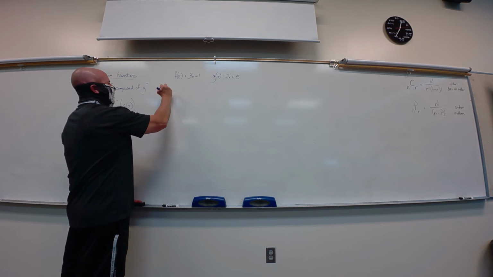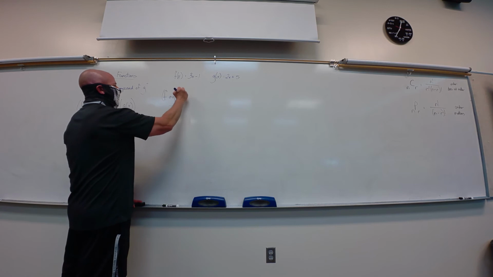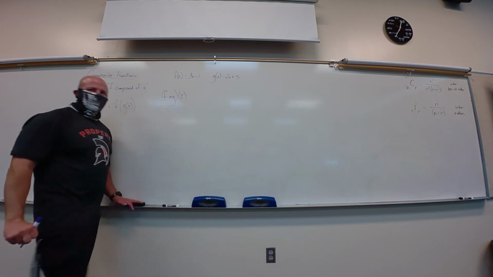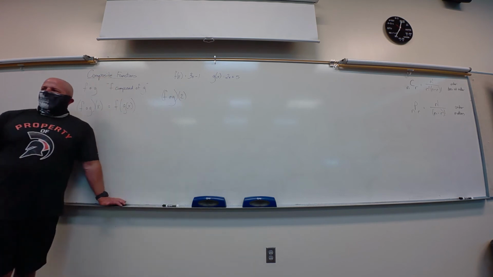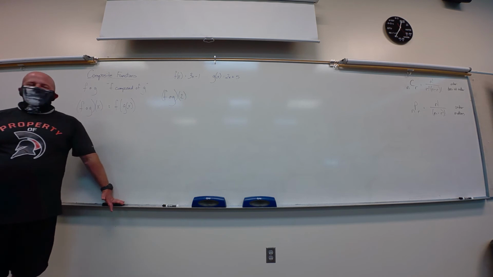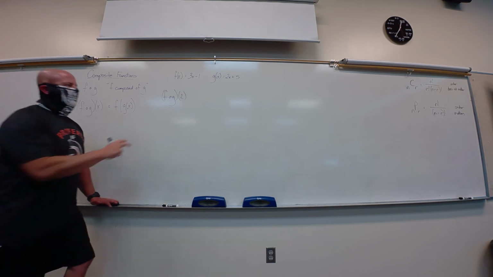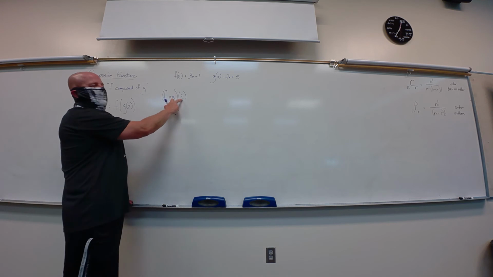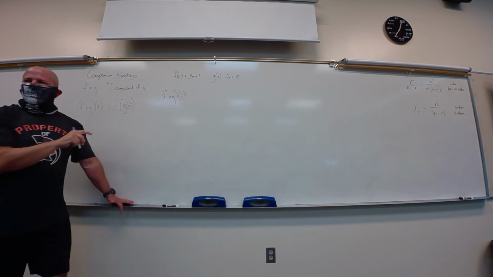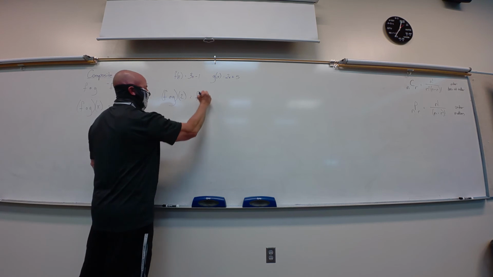Let's go f composed of g of 2. You don't have to, but I would suggest doing the rewrite, because then things start to look familiar. This means I'm going to put g of 2 inside of f. So when I rewrite it, I'm going to do f of g of 2.